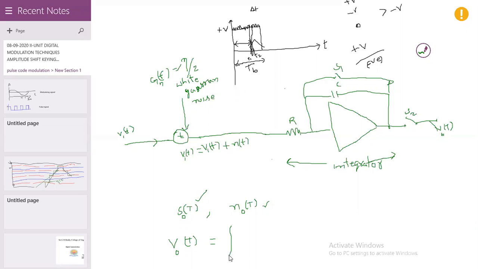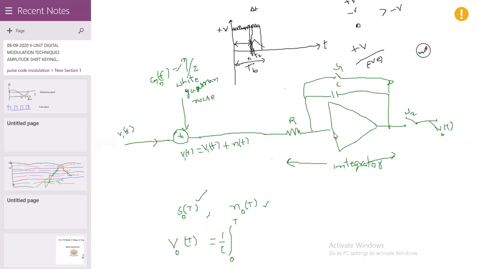The integrator integrates from 0 to T, with 1 by tau, where tau is the time constant of this integrator, RC.